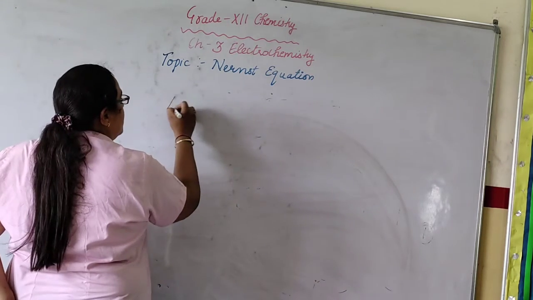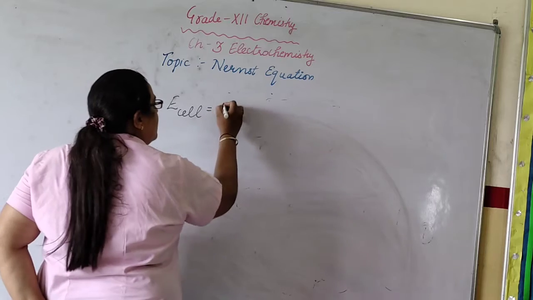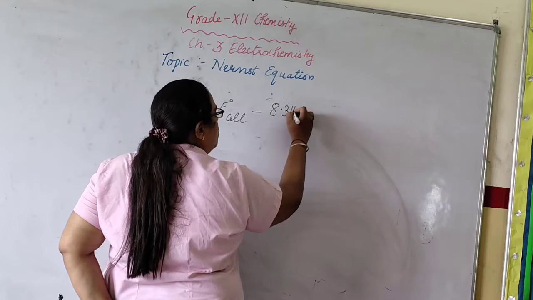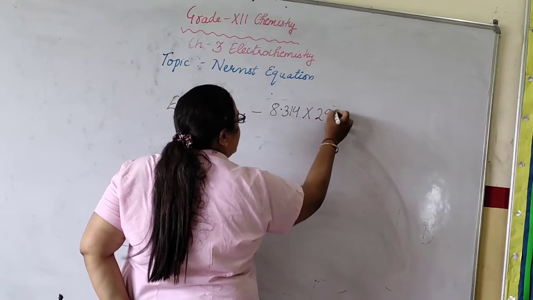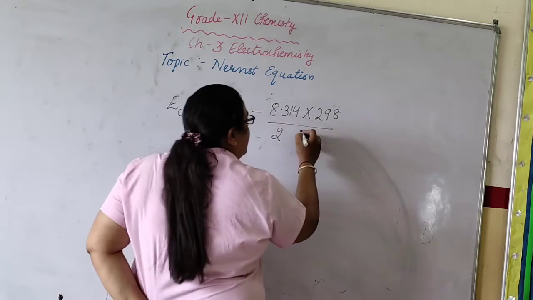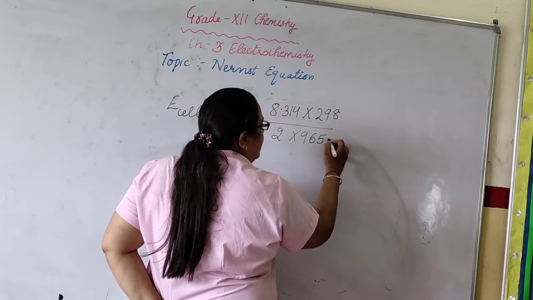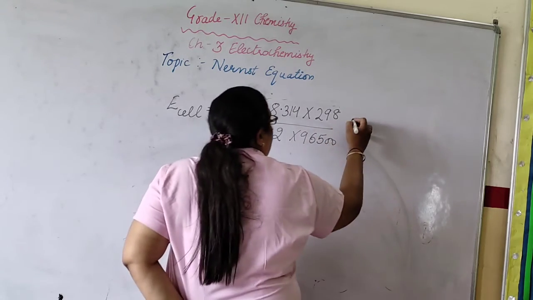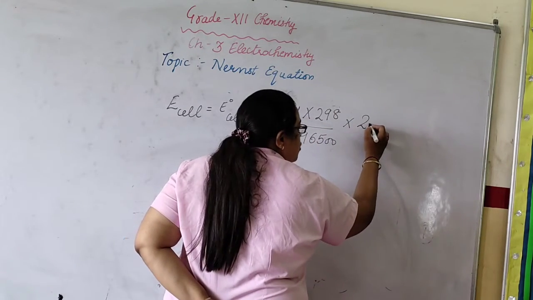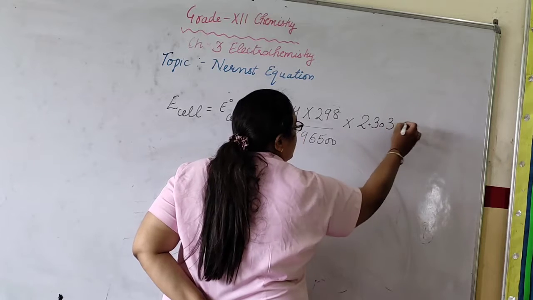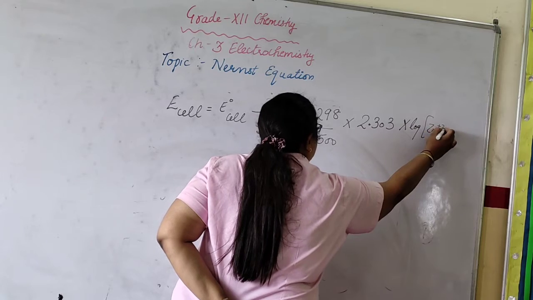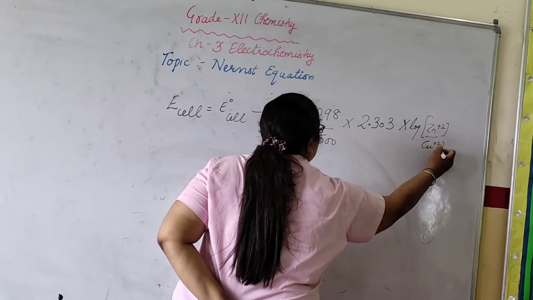For the Daniell cell, E cell is E naught of cell minus R, which is 8.314, times temperature 298, over n, which is 2 electrons transferred in the Daniell cell, times Faraday's constant 96500, times 2.303 for converting ln into log base 10, into log of the concentration of Zn plus 2 over copper plus 2.